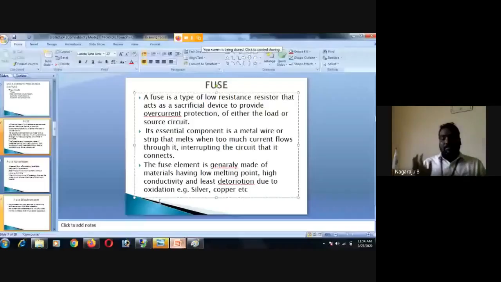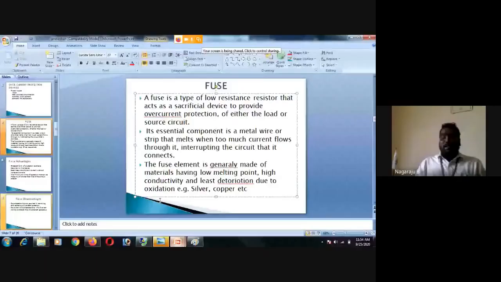Rating selection is different and fuse selection is different. The main fuse selection is based on the overhead or underground connection, the system voltage, and the maximum available current.